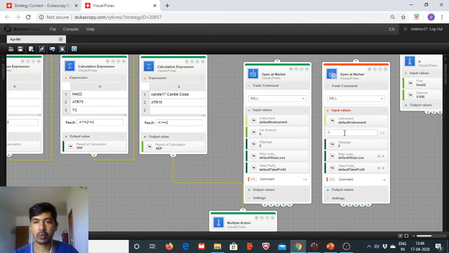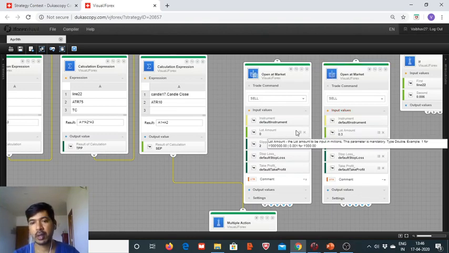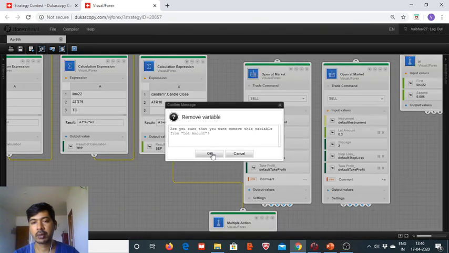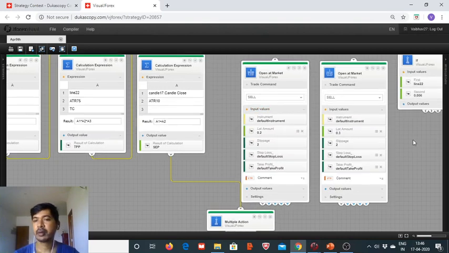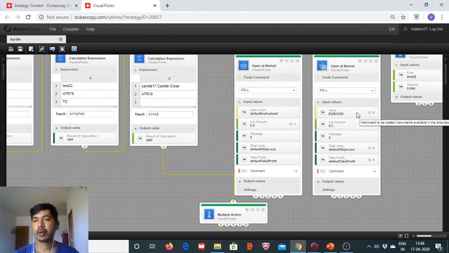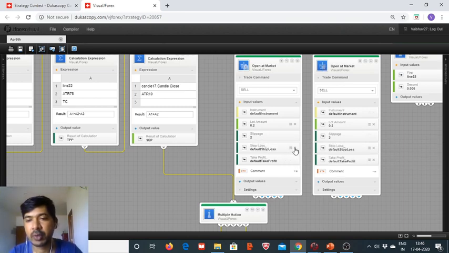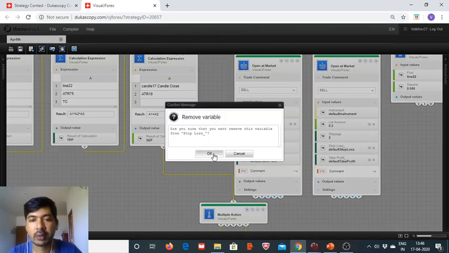So we use three combinations, 0.3, and then comes 0.2. Okay, default instrument remains the same. We change the stop loss.